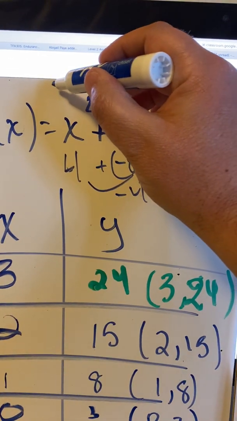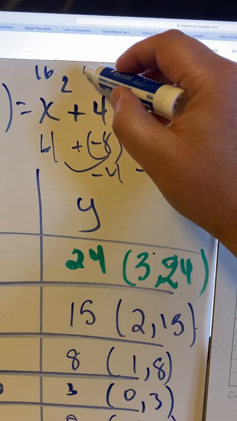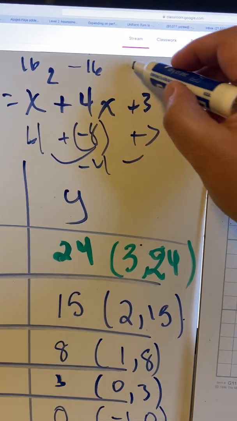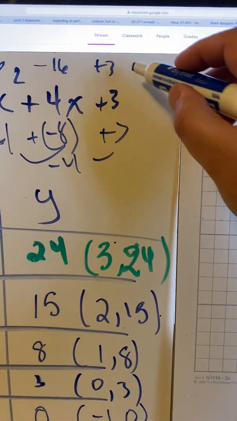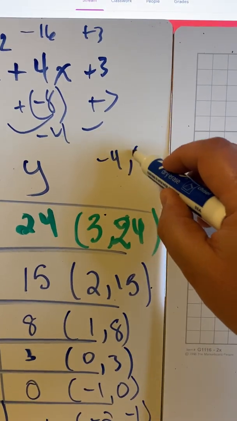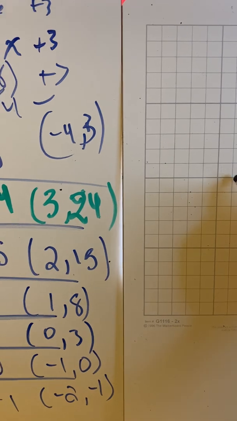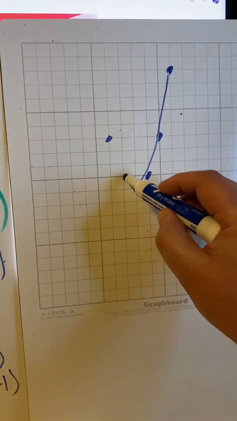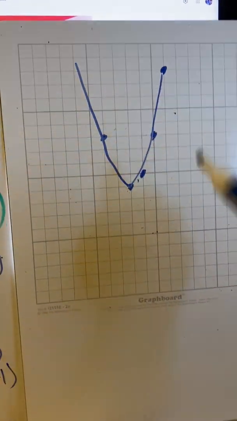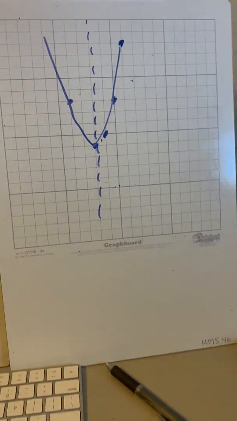Negative 4 squared is a positive 16. 4 times negative 4 is a negative 16, plus 3. 16 minus 16 is 0, plus 3. So negative 4, 3. Negative 4, then up 1, 2, 3. Oh, look at this. It looks like it's going to go right here. And it looks like this is our midway point right there.